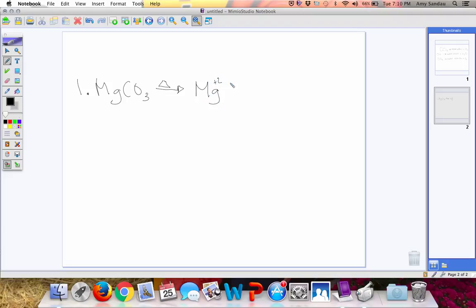Magnesium has a +2 charge, and oxide has a -2, so when they crisscross, those cancel out. Plus, the other product, when you have a carbonate, is carbon dioxide. Then we have to balance. We have one magnesium and one magnesium. We have one carbon and one carbon, and we have 3 oxygens, and 1 + 2 gives you 3 oxygens, so that one is balanced.